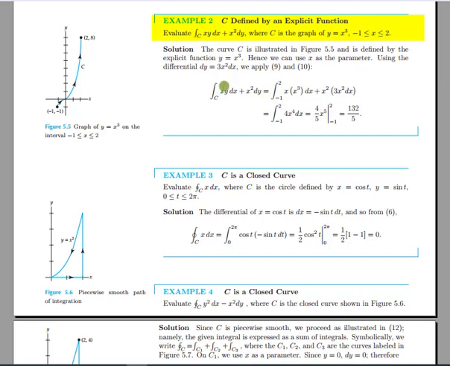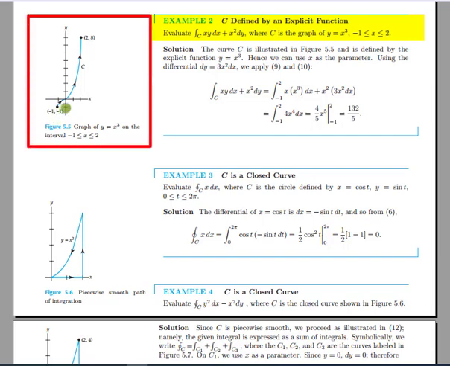We get the integral over C of xy dx plus x square dy equals 132 over 5. When x is -1, y equals x cube gives -1, and when x is 2, y gives 8. So the contour starts from (-1, -1) and ends at (2, 8).